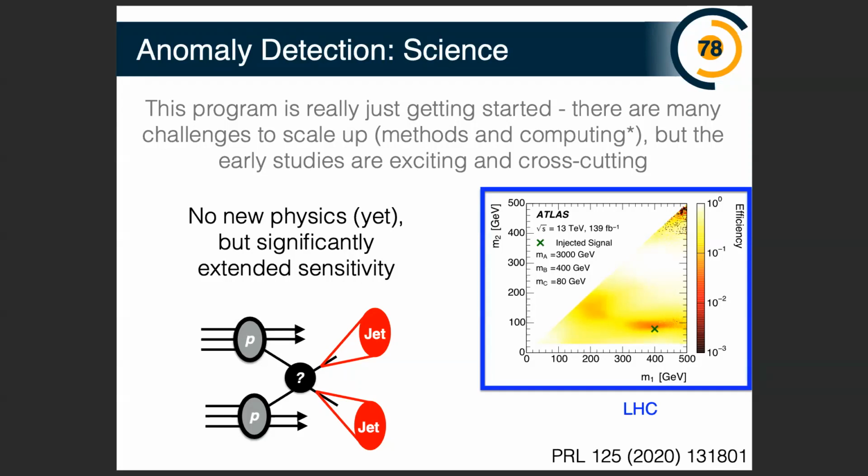But interpreting these results is definitely an open question, and reinterpreting them is an even more open question. In traditional searches, I can say this is my event selection, and you as a theorist can ask what my prediction for a particular model would be if I pass it through your event selection. But with these approaches, the event selection depends on the data. If you had signal in the data, your event selection would be different.